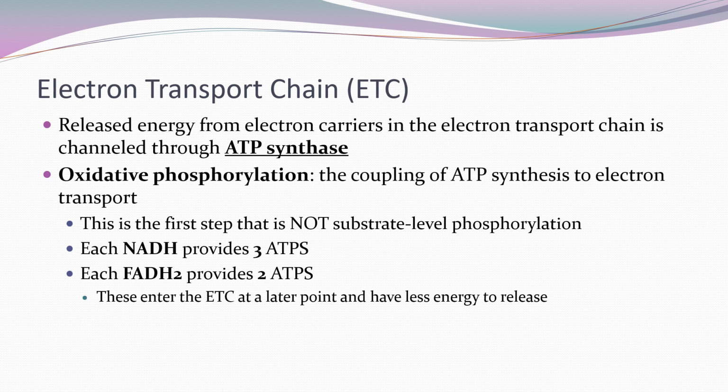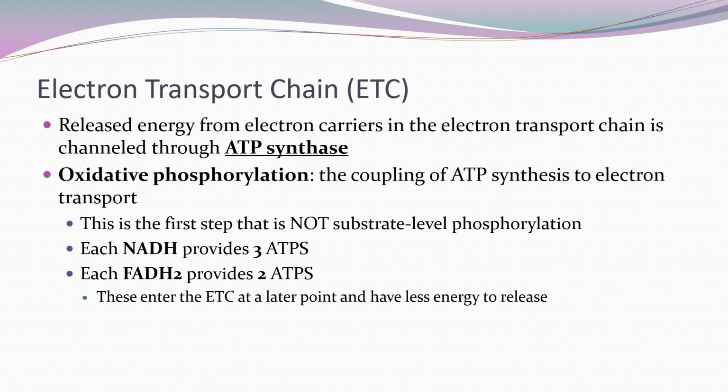Now, kind of going a little bit backwards so we can move forwards, when an NADH is giving electrons to the enzyme chain, once it does that, it produces enough hydrogen ions to make 3 ATPs when those hydrogen ions move back into the cell through ATP synthase, as opposed to FADH2, which for every FADH2 molecule providing electrons into the transport chain, it is able to produce 2 ATPs.